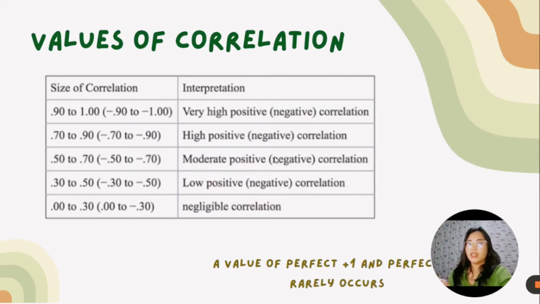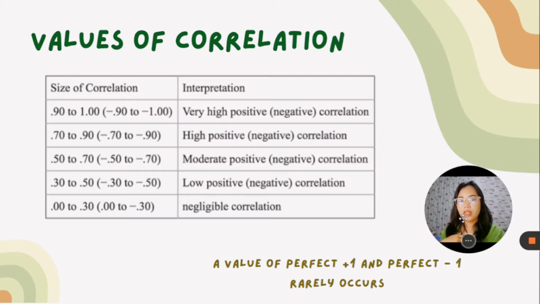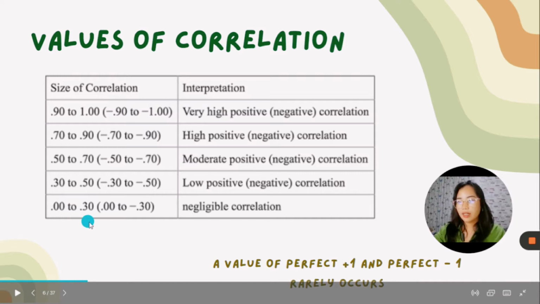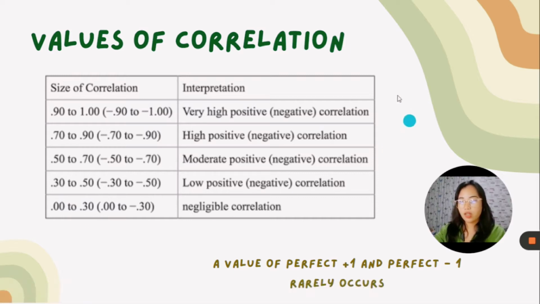So these are the values of correlation. Earlier, we learned that traditionally, the values of correlation range only from -1 to +1. Only the values within that range are what we call correlational values. In this table, this side is the size of correlation, and this side is the interpretation of each size or range.